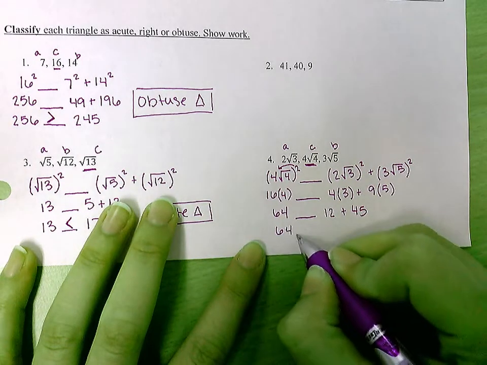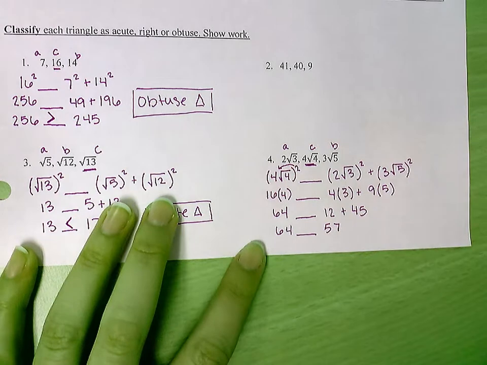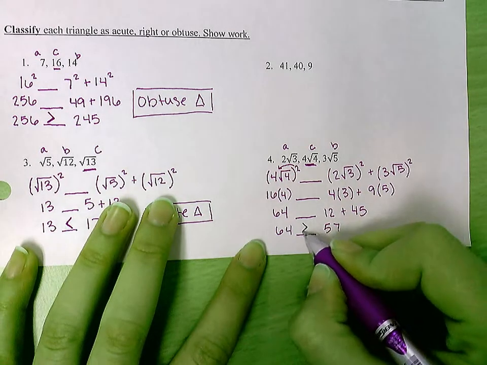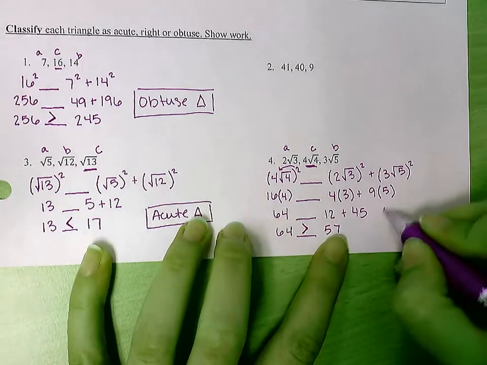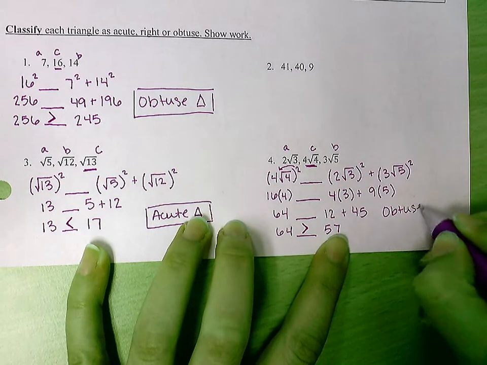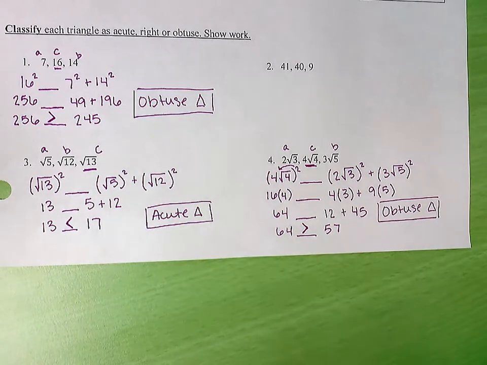So I have 64 compared to 57. And 64 is greater. So this is an obtuse triangle. Questions?